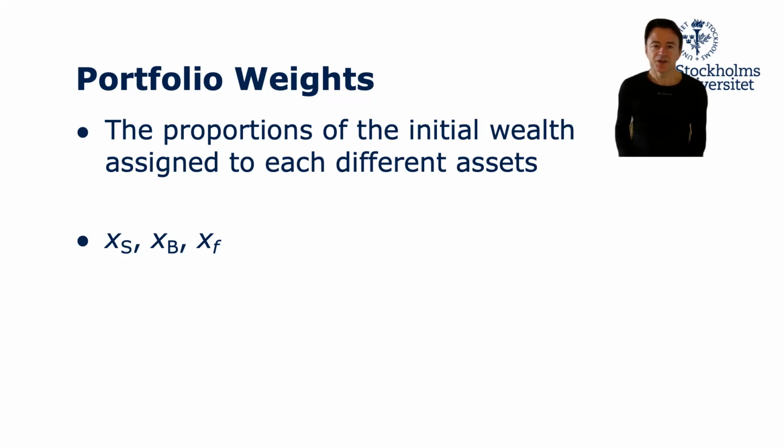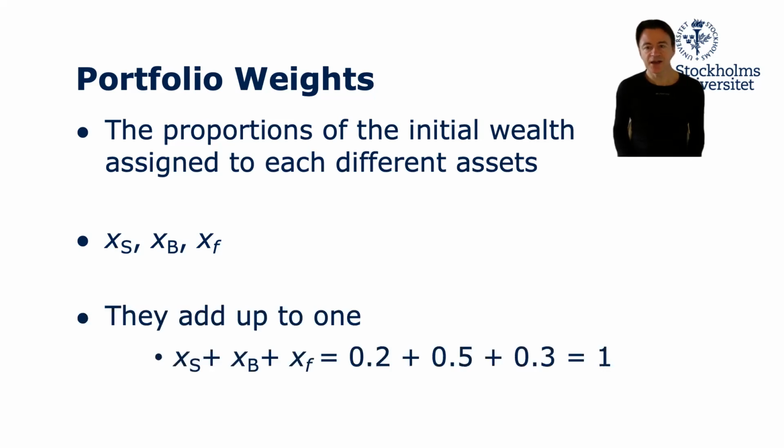Note that since we specify all the proportions out of the initial wealth to be invested, the weights add up to 1. Otherwise, we would exceed the amount to be invested if they added up to more than 1, or the initial wealth to be invested would not all be invested if they added up to less than 1.